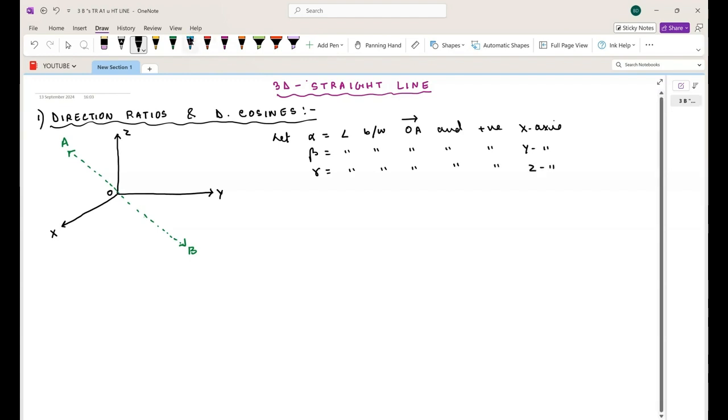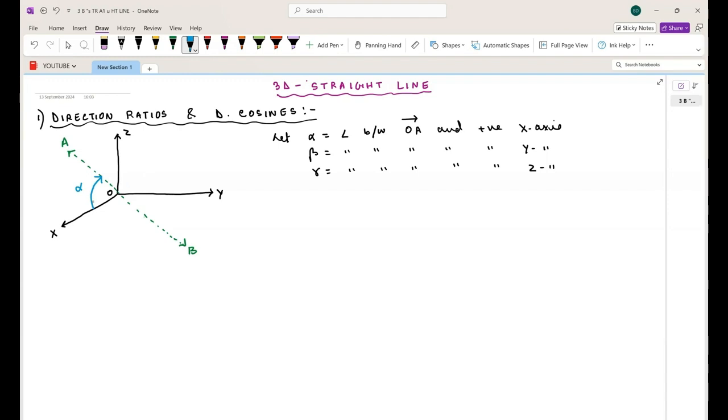If we want to show the angle, we can try. Say alpha is between positive x-axis and OA. That means this is alpha. Okay. Similarly, if I draw all of beta and gamma, it will become very clumsy. So I'm drawing only alpha.